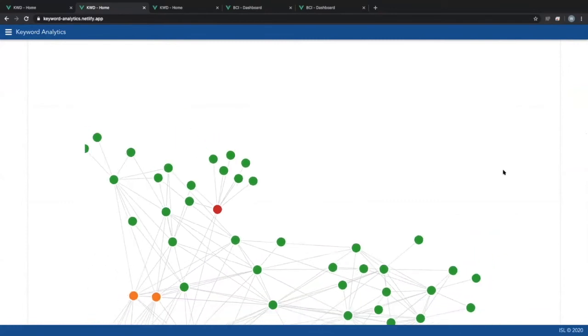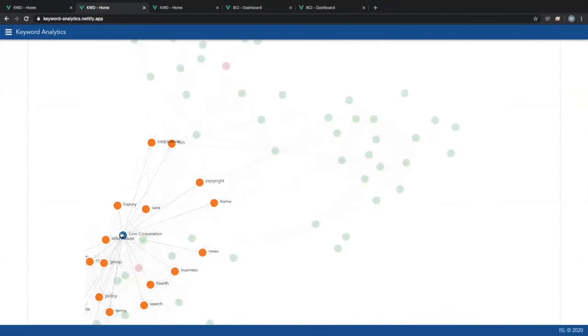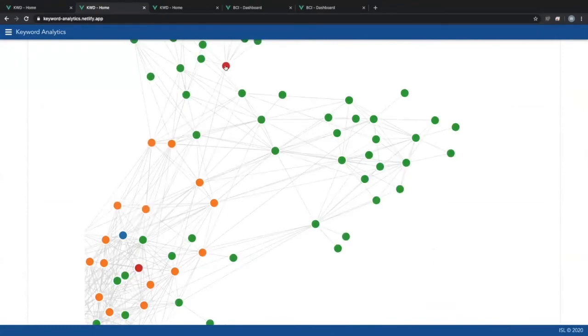Here the Lion Corporation, business, and here brand.